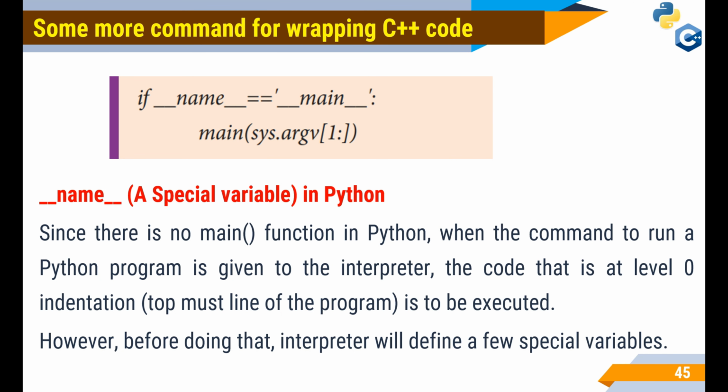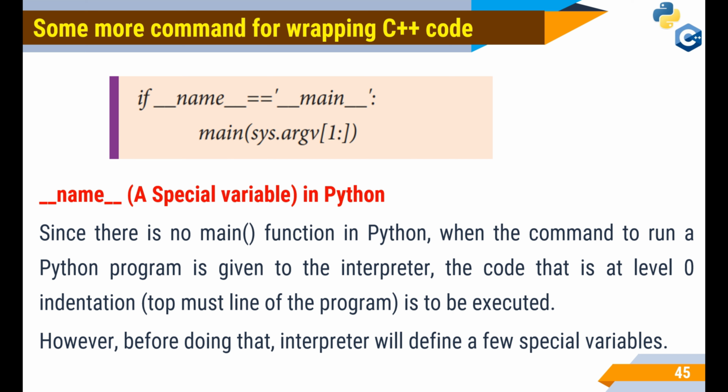Now here are some more commands for wrapping C++ code. if __name__ == '__main__': main(sys.argv[1]). __name__ is a special variable in Python. Since there is no main function in Python, when the command to run a Python program is given to the interpreter, the code that is at level 0 indentation, the topmost line of the program, is executed. However, before doing that, the interpreter will define a few special variables.